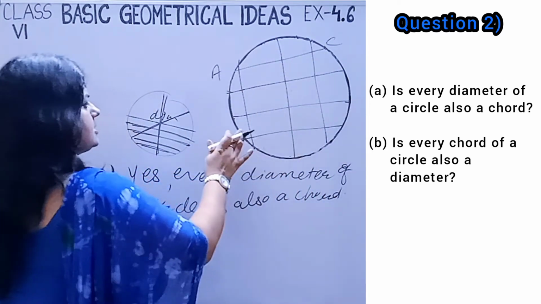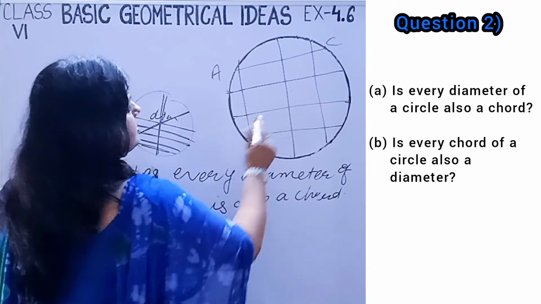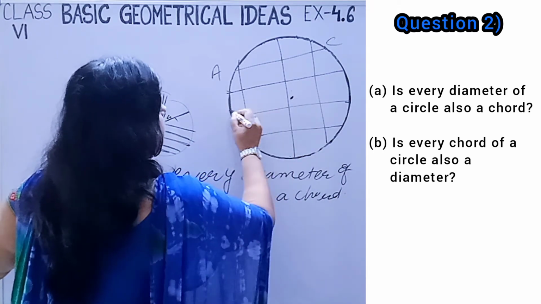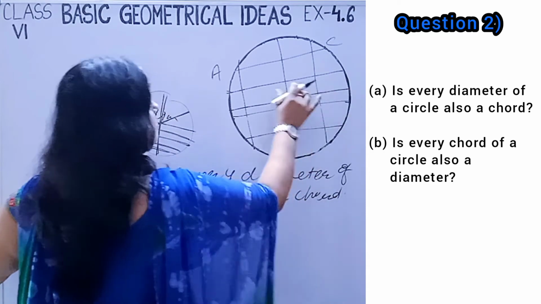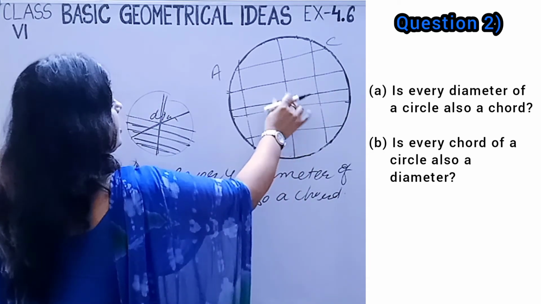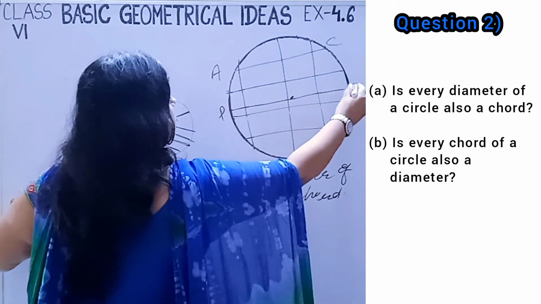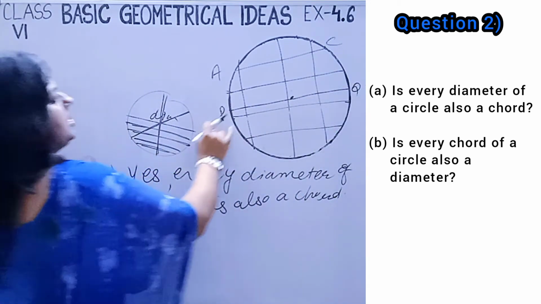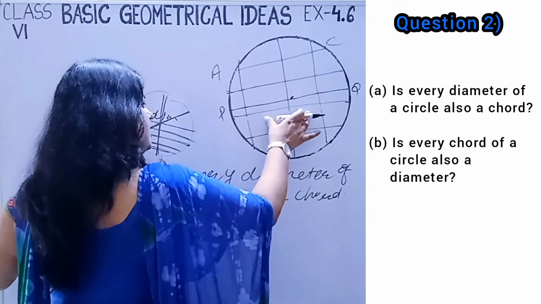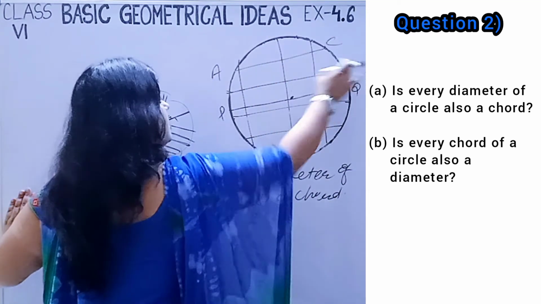These all are chords. What about a diameter? A line segment should always cross through the center, and this is also a chord. So here, if I give names P, Q, PQ is a diameter, and PQ is also a chord.